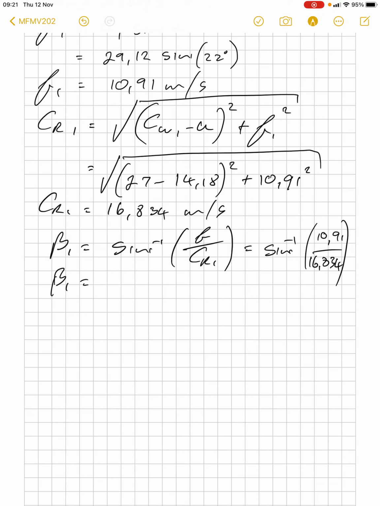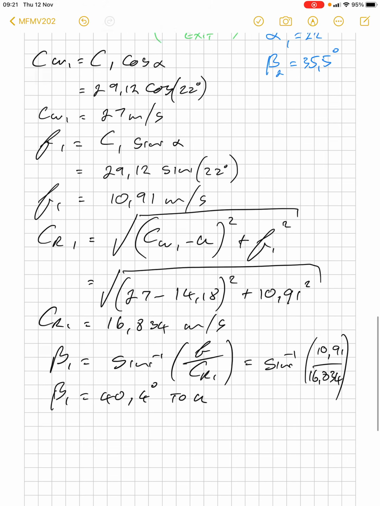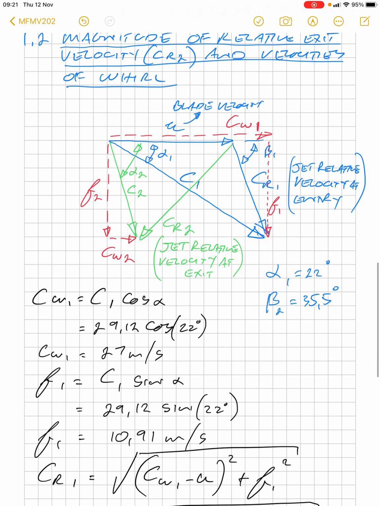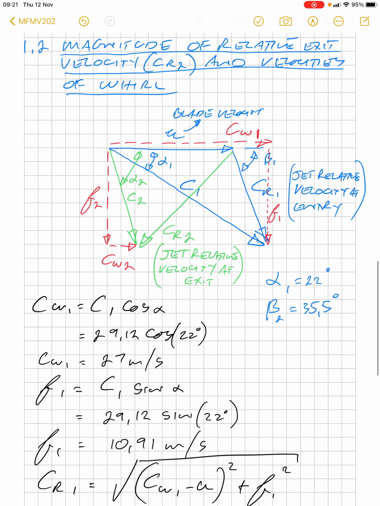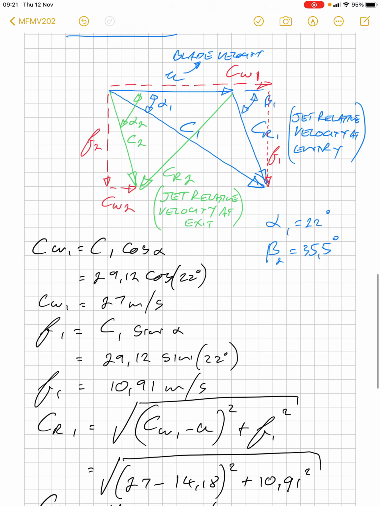So beta 1 then becomes 40,4 degrees, and that's measured relative to u, which is our velocity of the blade. Alright, so now we have calculated magnitude of the relative exit velocities and the velocities of whirl.